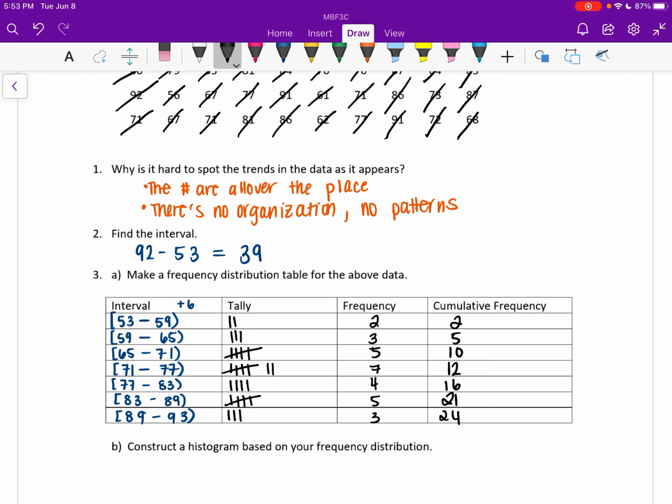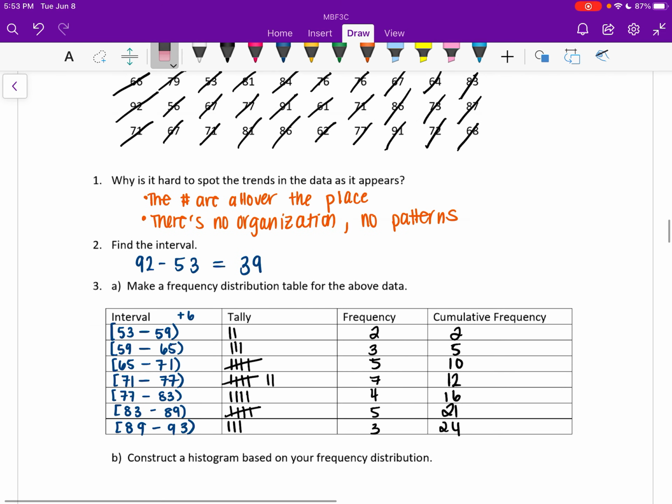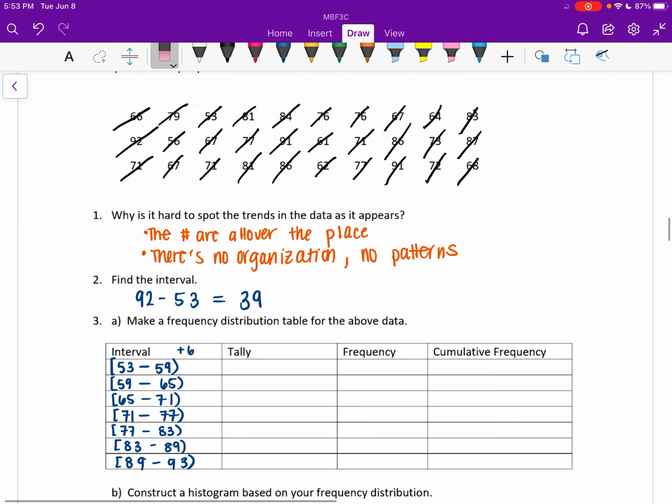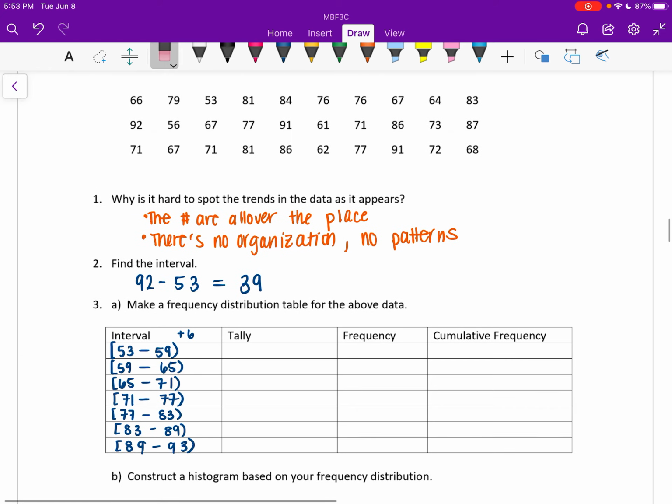So let's figure out where I went wrong. When I make a mistake like this, I just like to go back and redo it. This way you have to be a little bit careful with this. But I wonder why I missed so many.